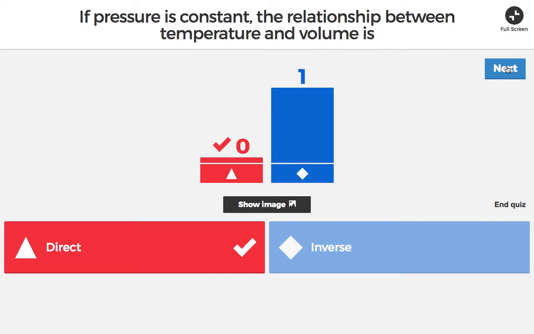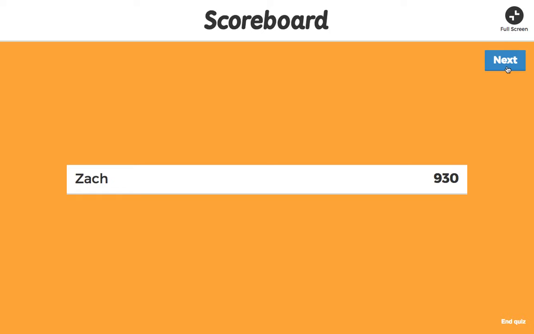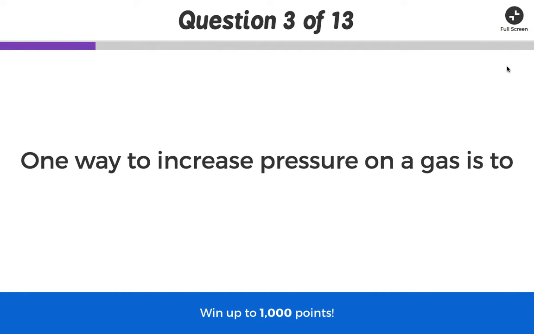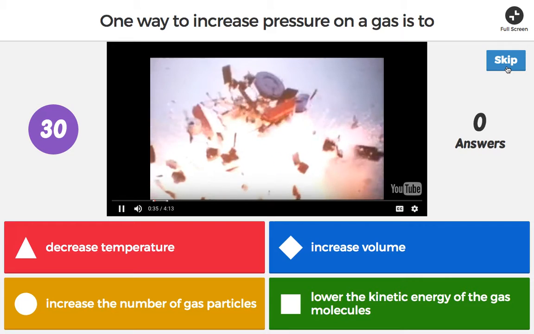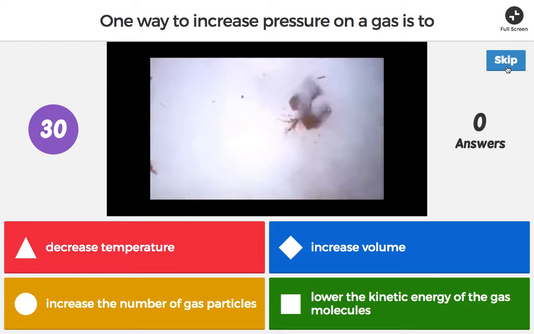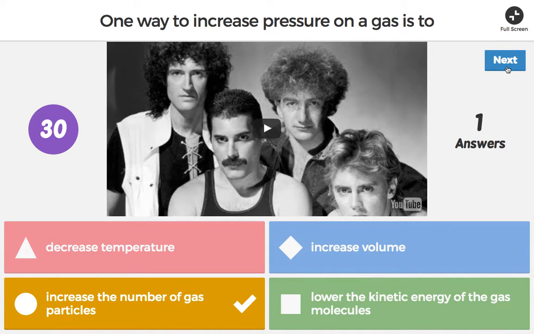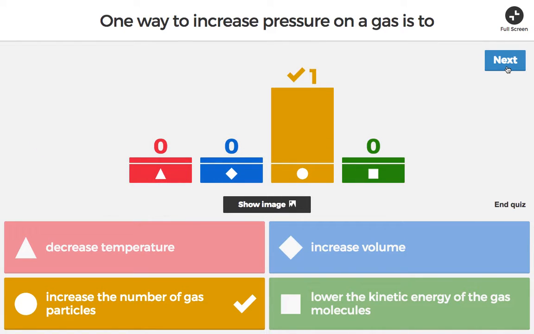The Kahoot is focused on the Minnesota Chemistry Standard 9C.2.1.4.2, and that's understanding the behavior of gas laws and how the relationship between temperature, pressure, volume, and the number of gas molecules works and interacts.